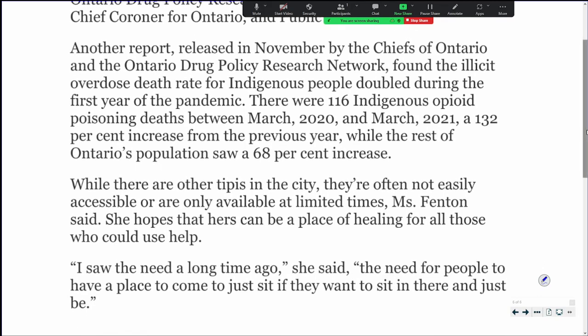Another report, released in November by the Chiefs of Ontario and the Ontario Drug Policy Research Network, found the illicit overdose death rate for Indigenous peoples doubled during the first year of the pandemic. There were 116 Indigenous opioid poisoning deaths between March 2020 and March 2021, a 132% increase from the previous year, while the rest of Ontario's population saw a 68% increase.